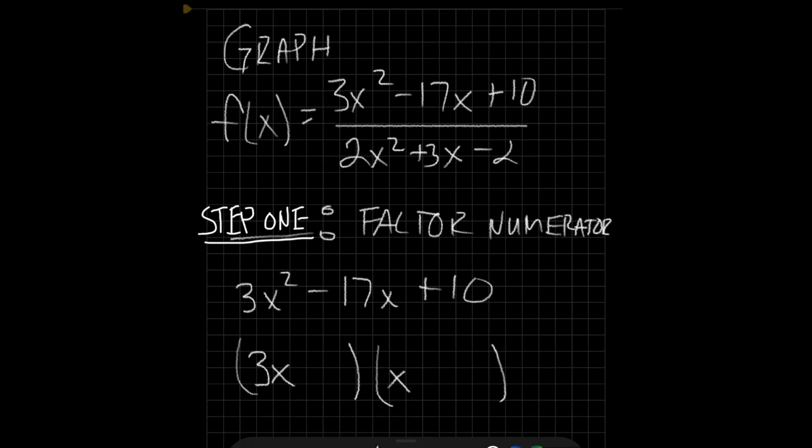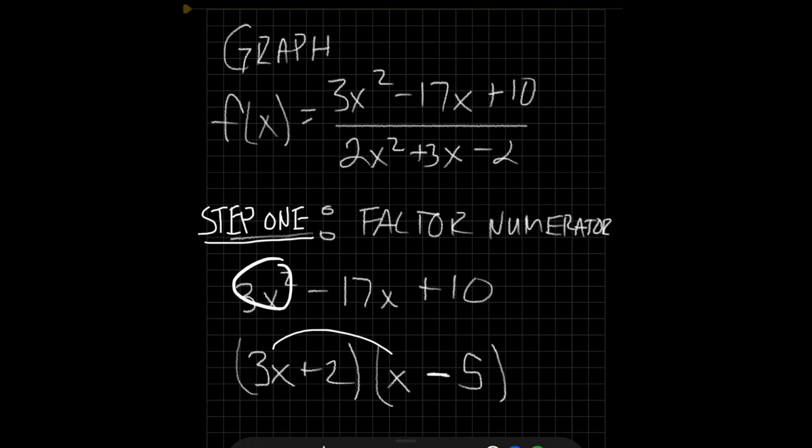So I see that negative 17. What about a negative 5 here? So that the 3x and the negative 5 will give me negative 15x. And then I know this 10, so let's say maybe plus 2. And then I'm just going to mentally check and make sure I'm on the right track.